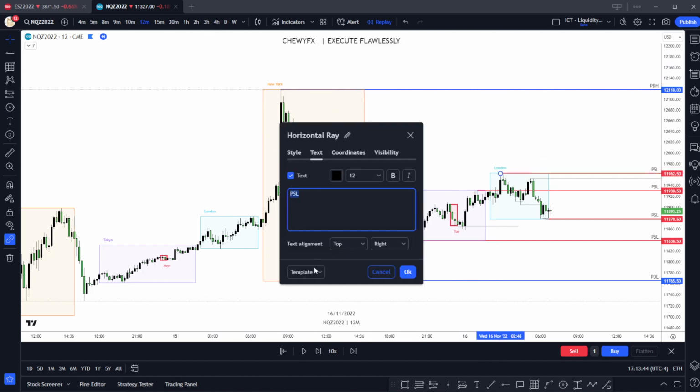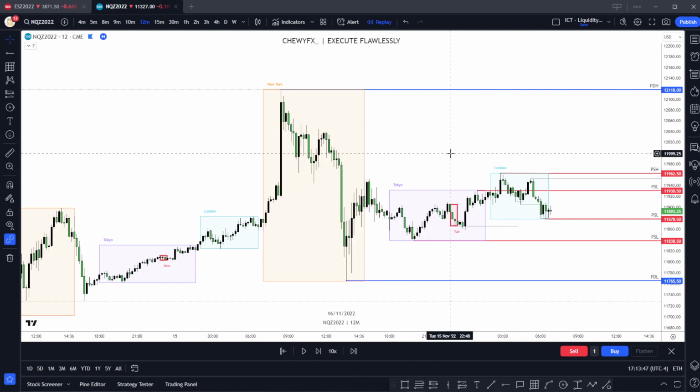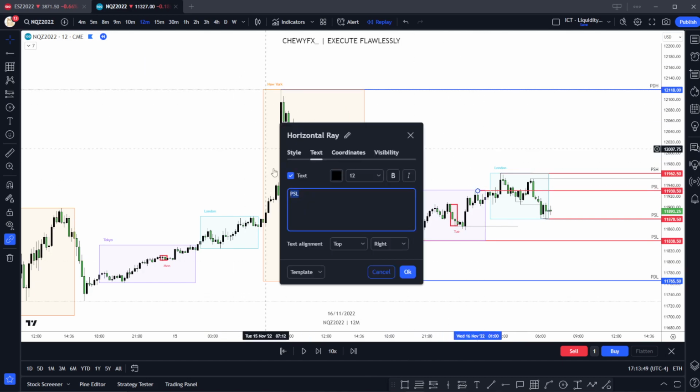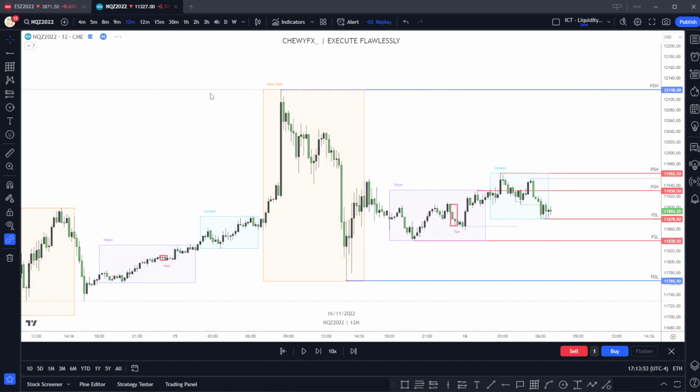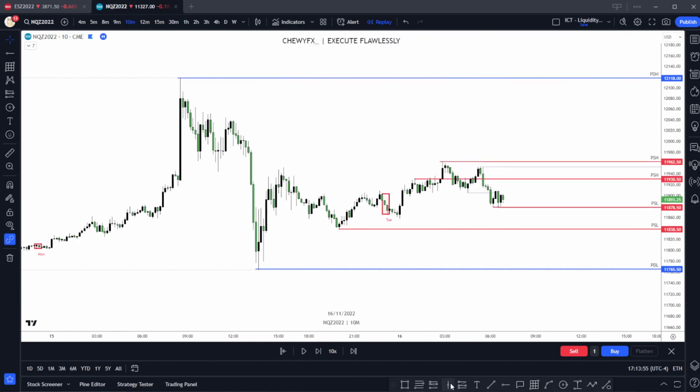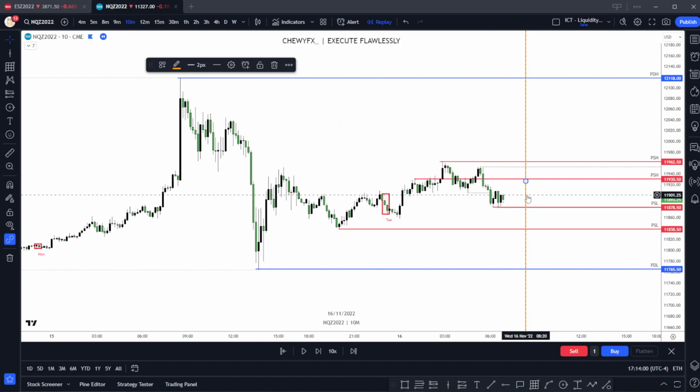Okay, let's change our labels here. Awesome. Mark up our news. There's two sets, I'm looking at least 15 minutes before. We'll leave it there for now.